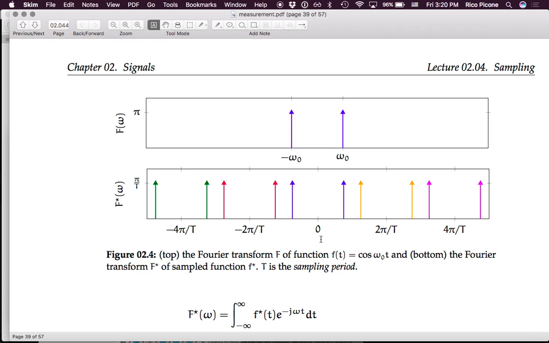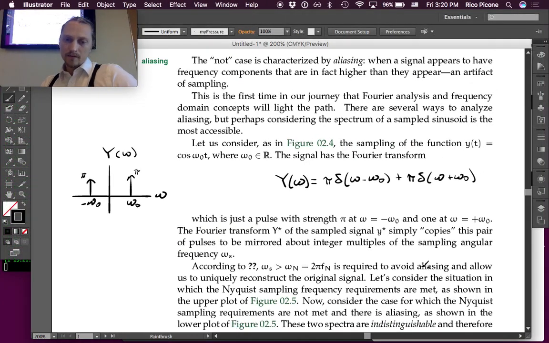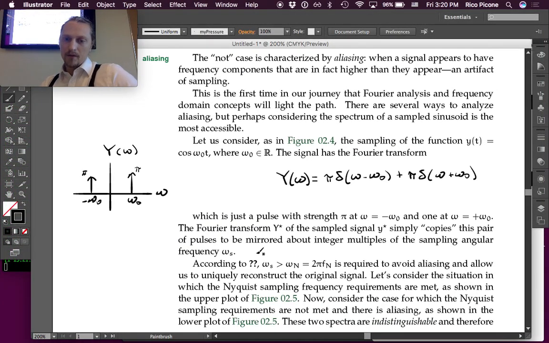So that's why we've got these pairs of colors, right? So omega naught and negative omega naught, this is a pair that is centered around 0. These yellow ones are a pair that's centered around the sampling frequency in radians per second, the angular frequency. And then there's a copy at every multiple, spaced out at the sampling frequency. So that's our Fourier transform.